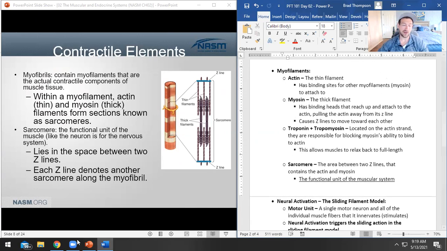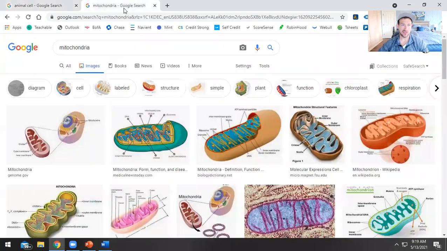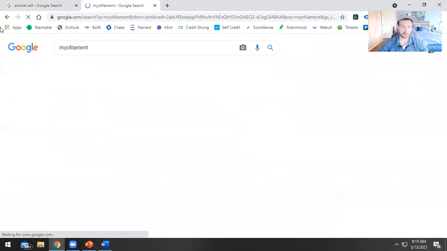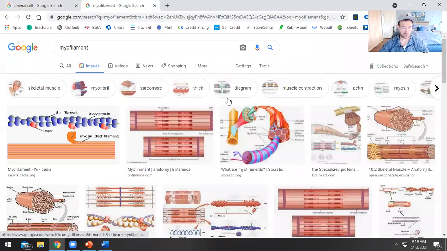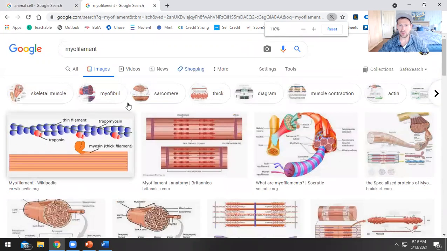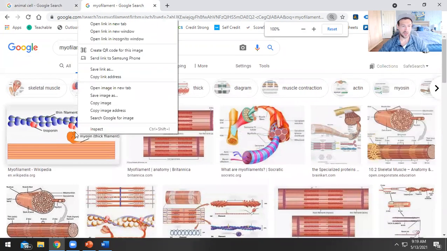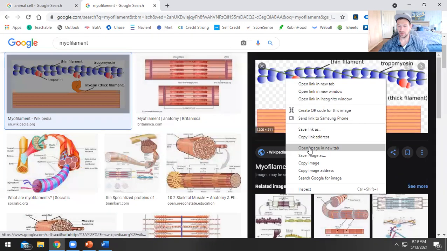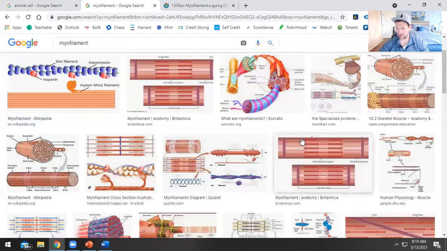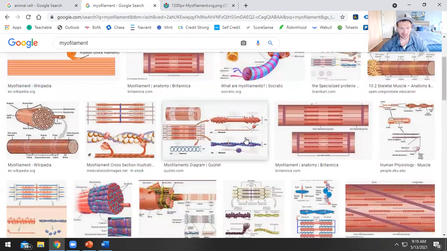So looking at a myofilament, actually, that's a really great, very zoomed in picture. I'm going to keep that one to open in just a minute. But we'll come to that in just a sec.